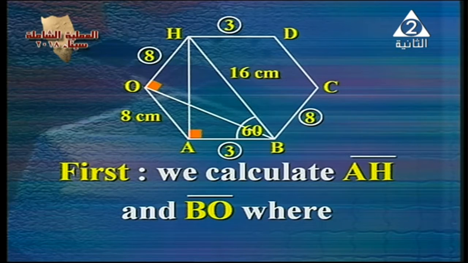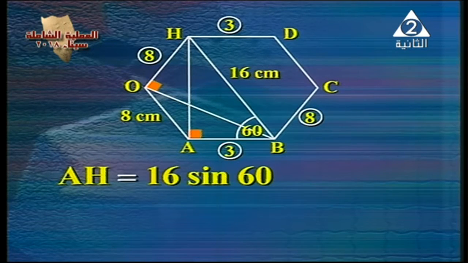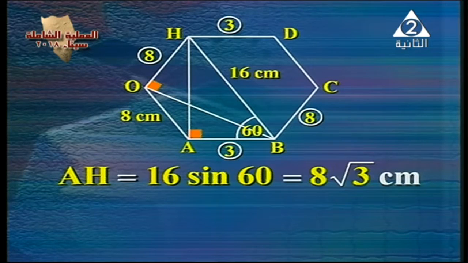First, we calculate AH and BO. Why? AH is the distance between the two forces 3 and 3, and BO is the distance between the two forces 8 and 8. Then AH equals 16 sine 60, which is 8 root 3 centimeter.